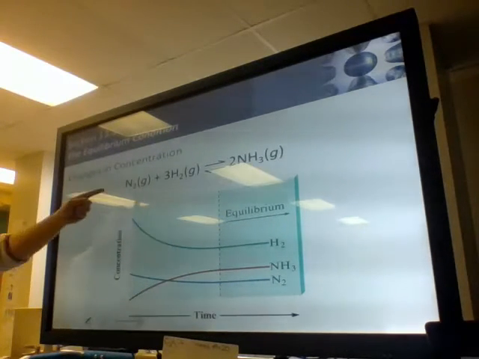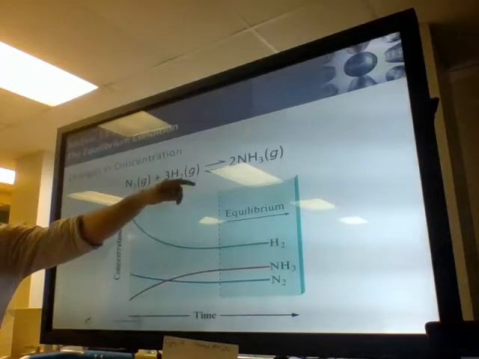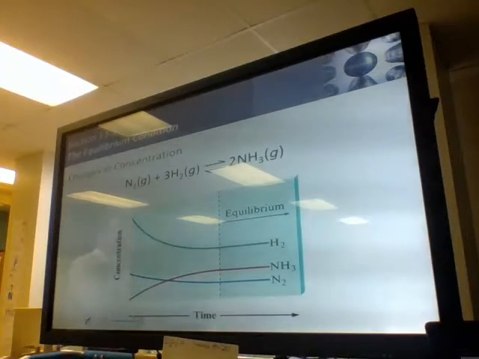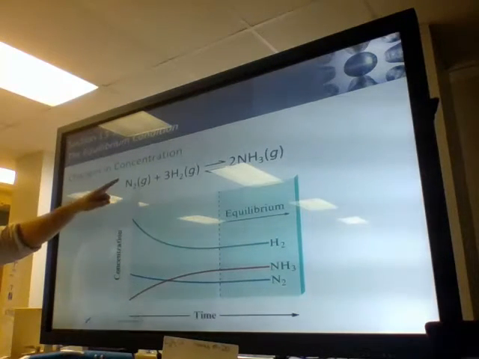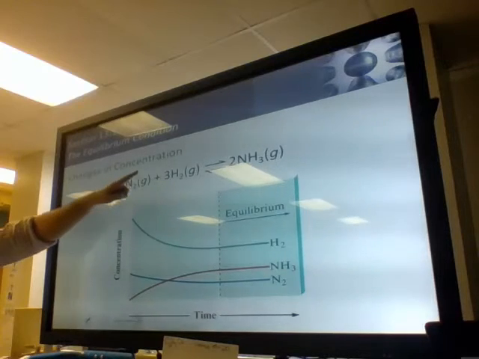So you have N2 plus 3H2 forming 2 NH3. For this, I think the key is balancing the equation. So eventually you mix these two, nitrogen and hydrogen.